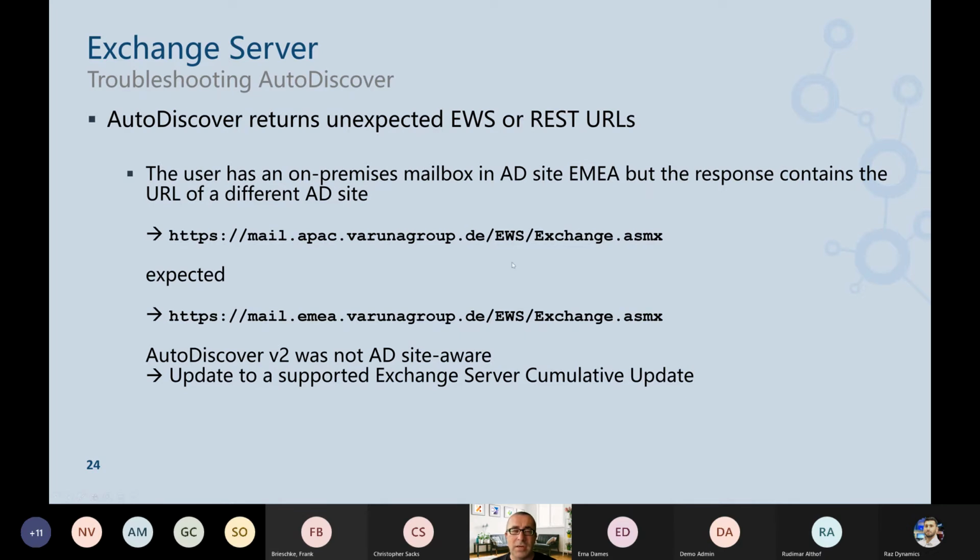In that case, you run on an older cumulative update for Exchange Server, because in previous CUs Autodiscover v2 was not site aware and just returned an external URL on a random basis. In this case, update your Exchange environment to the most recent cumulative update, because this issue was fixed, as far as I remember, with the December 2020 cumulative update. So if this issue occurs, please update your Exchange environment and the error is gone.